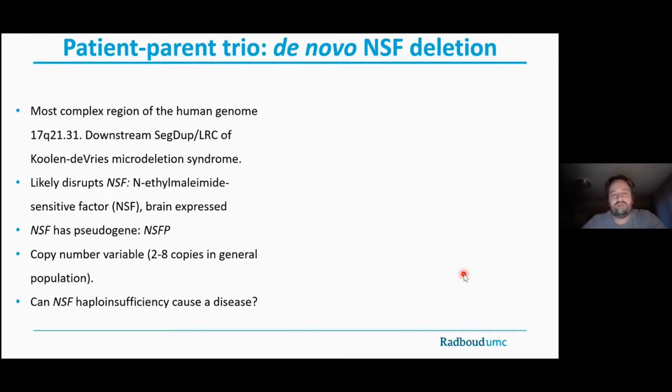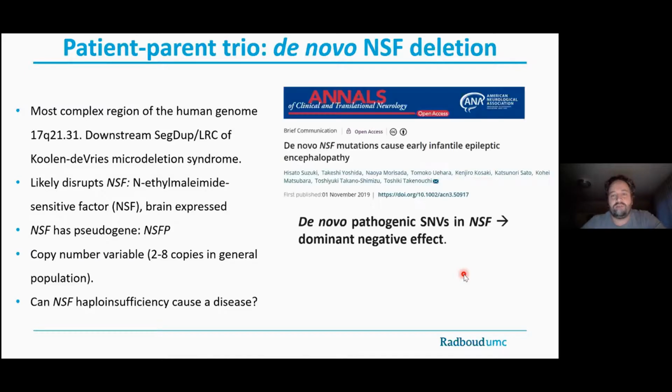There is, however, very intriguing recent work, because point mutations in NSF in a study from Japan have been linked to an epilepsy phenotype. So a different phenotype, but also the mutations are different. They are point mutations, and the authors of that manuscript explain that they most likely affect the gene function and the protein function by a dominant negative effect. So still the question would be whether simple haploinsufficiency of NSF could cause a disease, but we may have the first case here, so hopefully we identify additional cases in the near future.